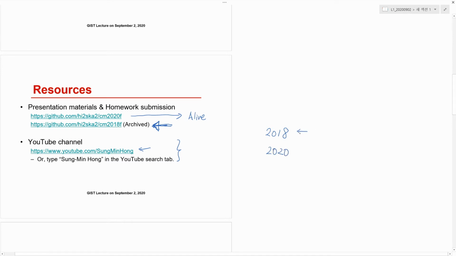The 2018 one is in Korean. At the time it was not a regular lecture, just a supplementary material, so it was given in Korean. However, in this year 2020, it is a part of our regular lecture, so I will give it in English. So you can make full advantage of these two different playlists.